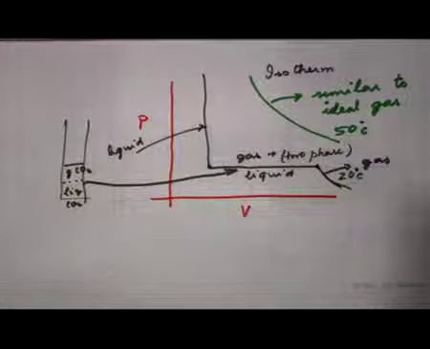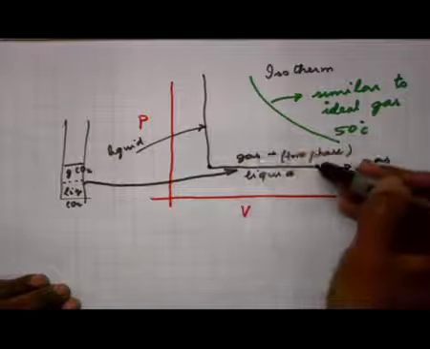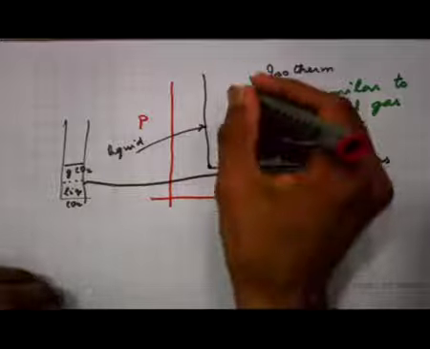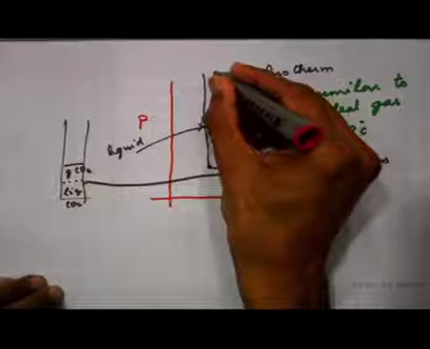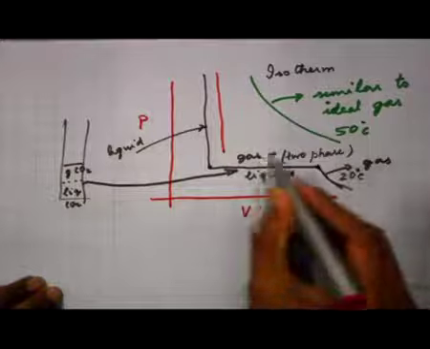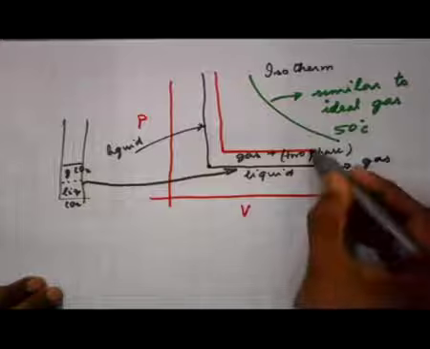If you did this at, let us say, 25 degrees centigrade, you would have something very similar, and for details look at what is there in the book. You will find similar things.